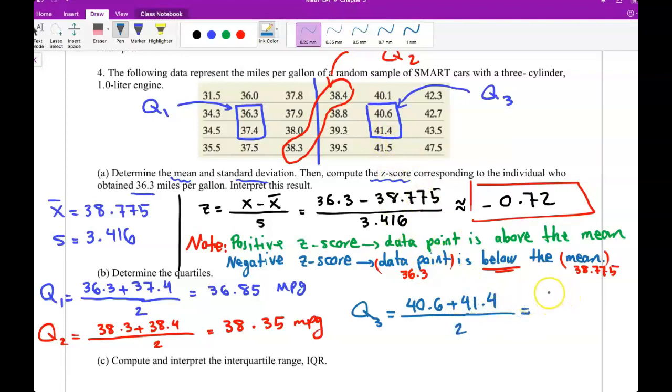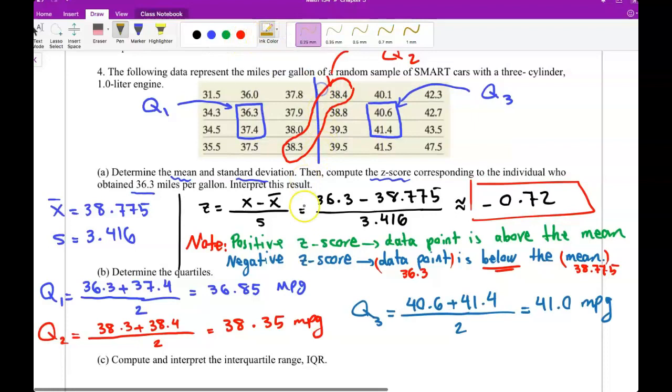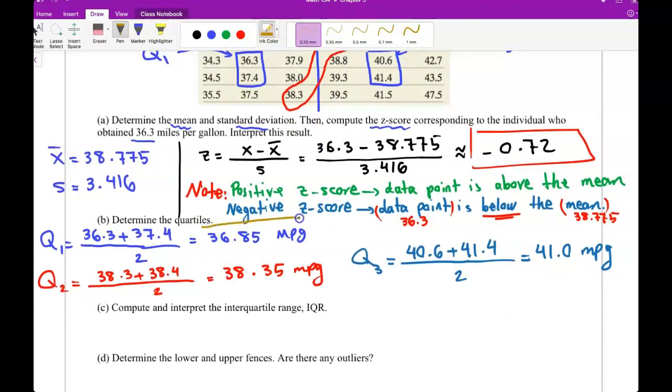The answer is 41 miles per gallon. So that is Q1. Here is Q2, and this is Q3.